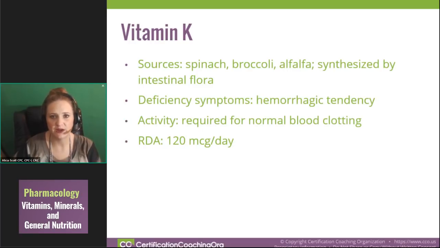Excuse me, if you're low in vitamin K, I think I might have said high. So people that have bleeding disorders, definitely this is something that they pay attention to, as well as people who are on Coumadin, right? You want to get at least 120 milliequivalents a day.